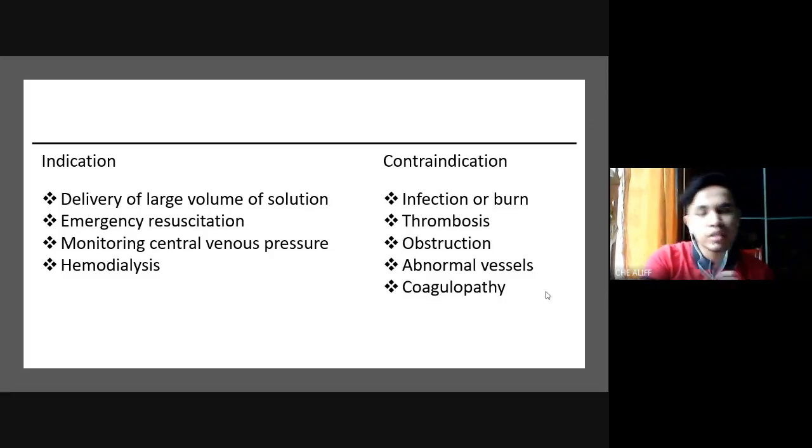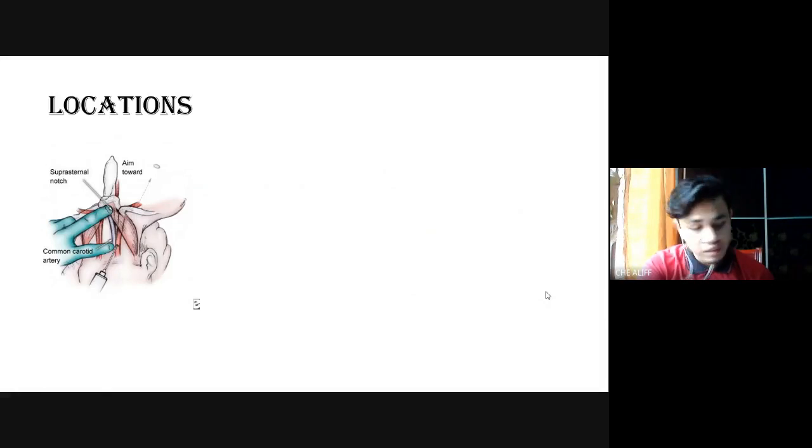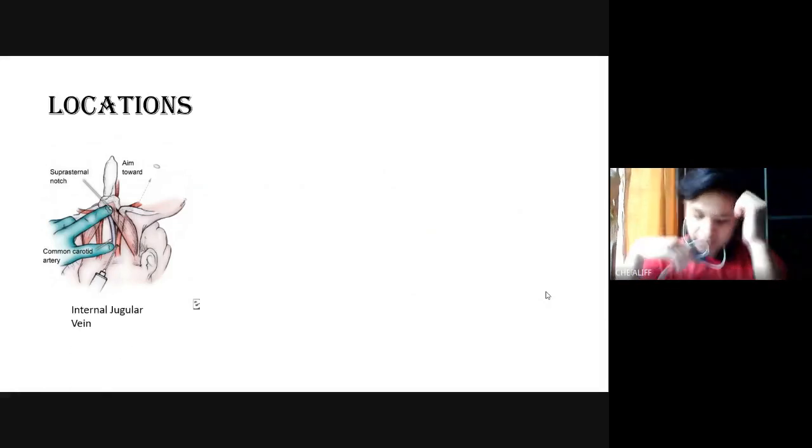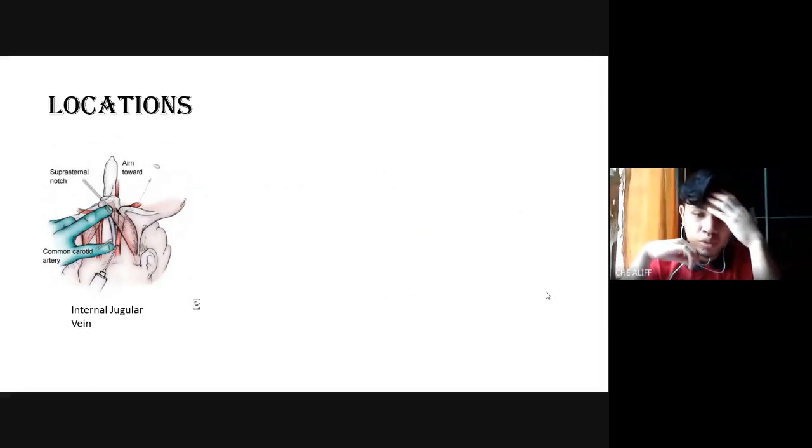So next, we proceed to the recommended locations. I put three common recommended locations, of which the first is the IJV, internal jugular vein. The internal jugular vein is located in the carotid sheath, lateral to the carotid artery and between the two heads of the sternocleidomastoid. Bear in mind that in the carotid sheath there is also the carotid artery.